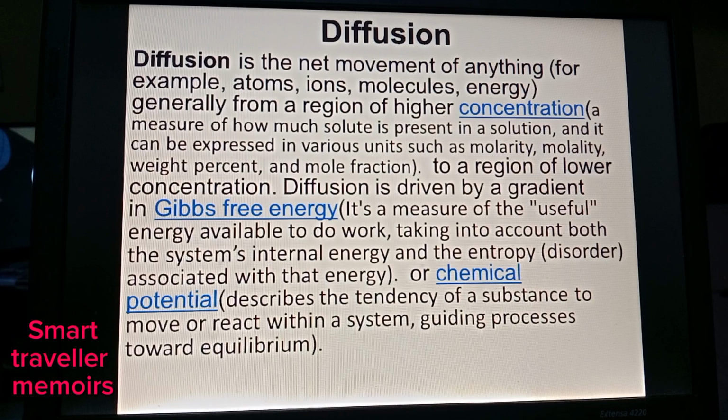That's what we mean by Gibbs free energy, or chemical potential. So diffusion can be driven by Gibbs free energy or chemical potential, and the chemical potential describes the tendency of a substance to move or react with a system, guiding processes towards equilibrium.